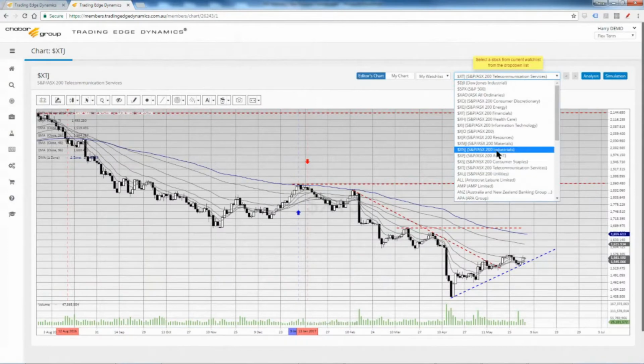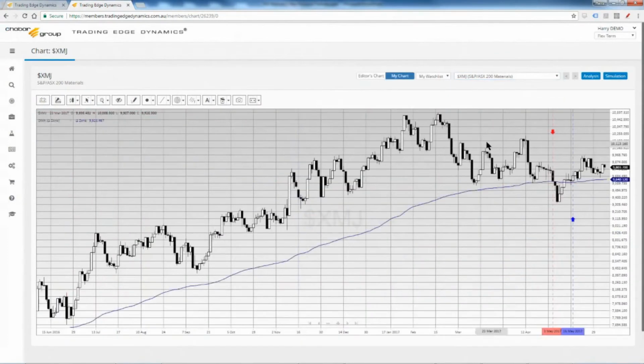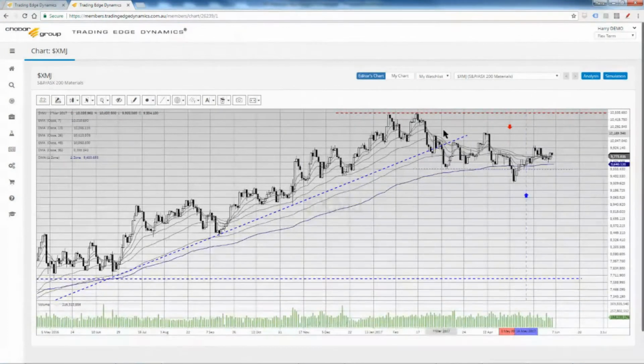Okay, look at a couple more. Let's look at the materials, and to make them a bit more meaningful, again we turn on Editor's charts, and what have we got here? We've got materials trending up, a support line down here, some minor support lines in dotted lines down here, some minor support above a DMA and a major resistance at the top.